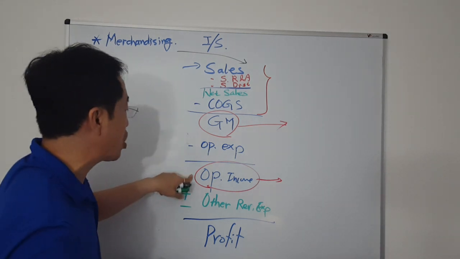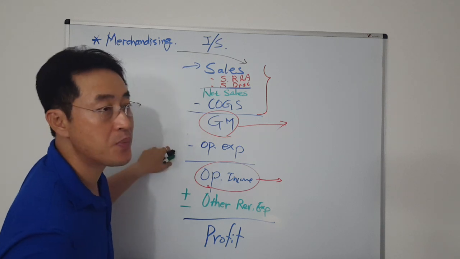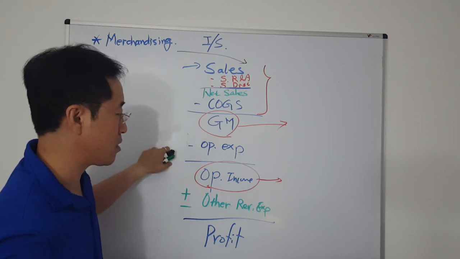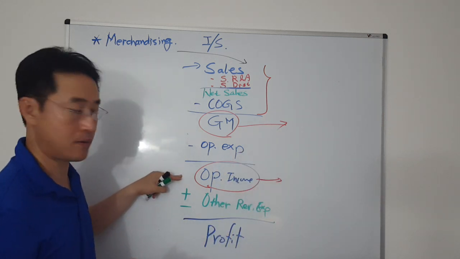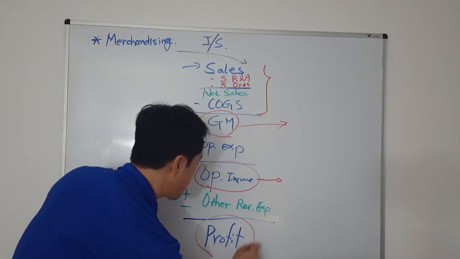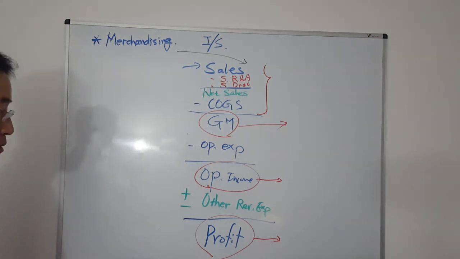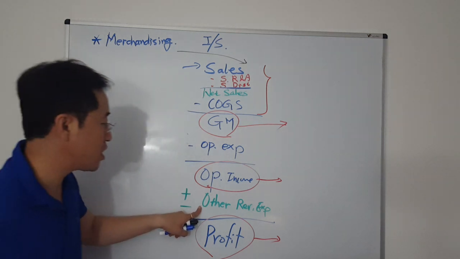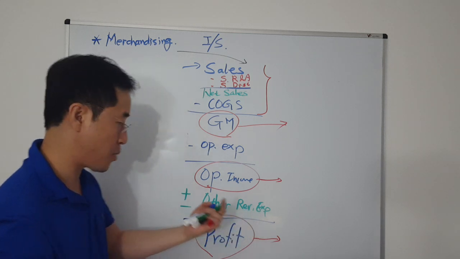Operating income, earning after product cost and business operation cost. So that's the earning from major business activity. And this last profit, that's final one. We need to consider if we have other revenue or other expense.